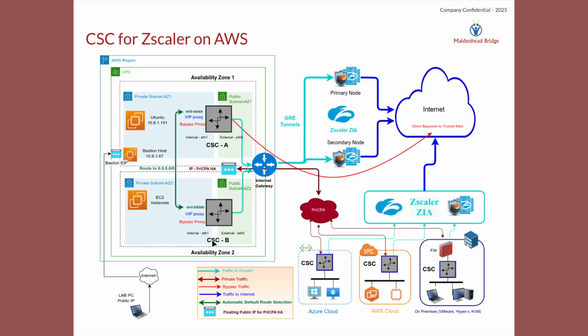And connector B will test, via the VIP proxy, connectivity to Zscaler in order to validate that connector A is active. Meanwhile, while connector A is active, B will do nothing, it is passive. But when connector A goes down, connector B will detect that we no longer have connectivity to Zscaler via A, so connector A is offline.